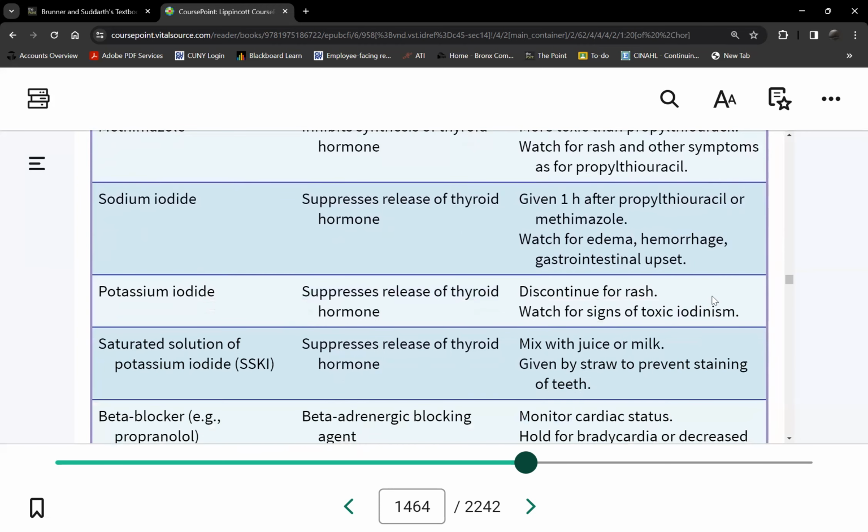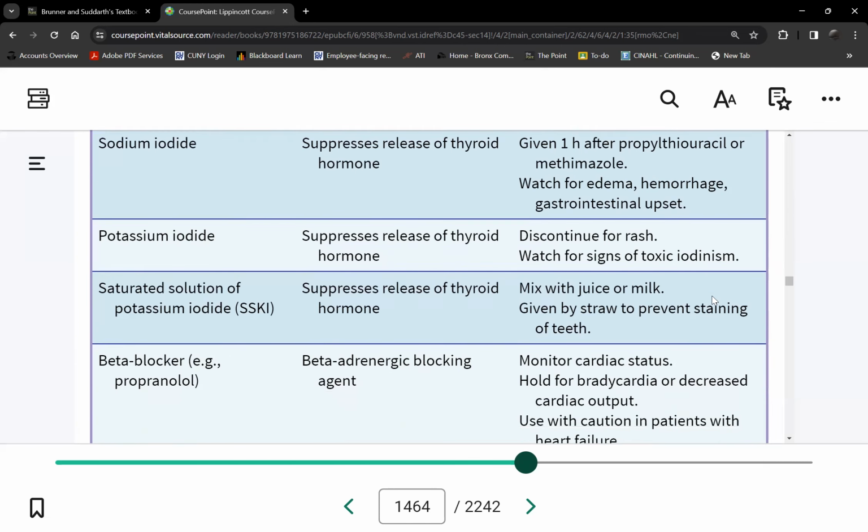So there are many options for the iodine preparations here. We have sodium iodide, potassium iodide, or SSKI. We have 3 oral iodine preparations here. Regardless, what should you do when you give it? Methimazole or PTU first, and then 1 hour later, you can give the iodine, okay?